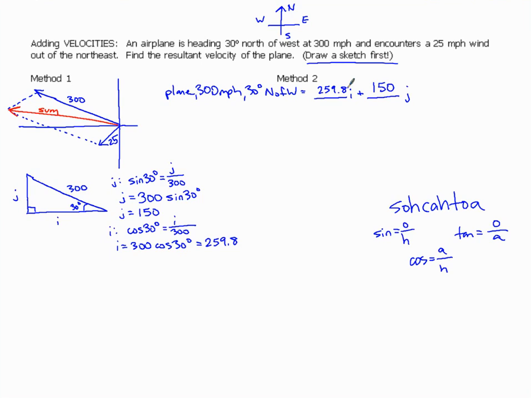On a standard map coordinate system, going to the right makes something positive, going to the left makes it negative. So going to the east will be positive, going to the west is negative. So this number, 259.8, the horizontal component, is negative because it is going to the west. That negative is showing us the direction.